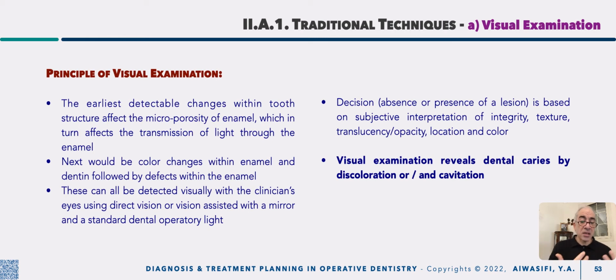These are the stages of what you could visually see during enamel caries progress. That's why you could notice either cavitation in advanced lesions, or you could detect color changes.